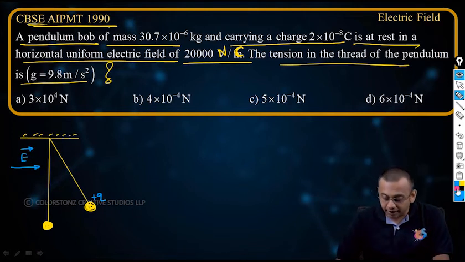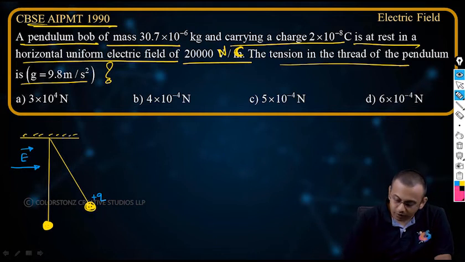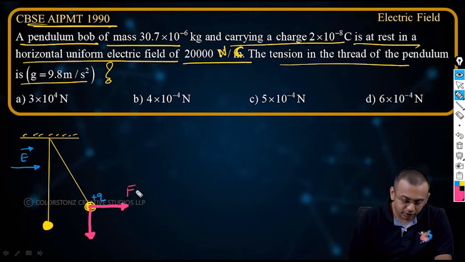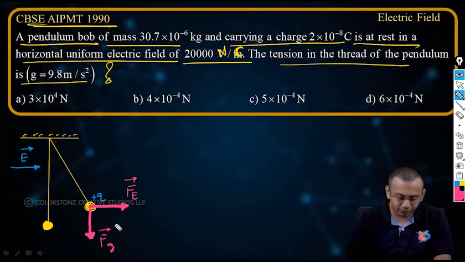So due to gravity, we have a gravitational force in the vertically downward direction like this, whereas due to the electric field, we have an electrostatic force in the horizontal direction. This is Fe. This is the gravitational force Fg.